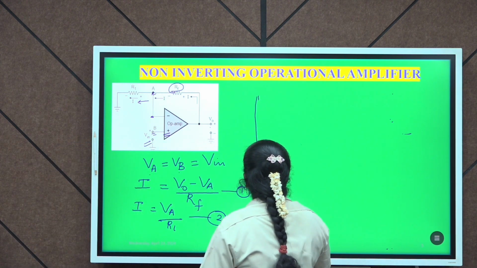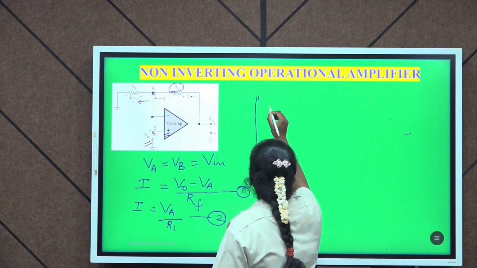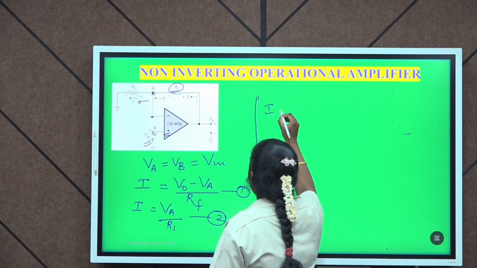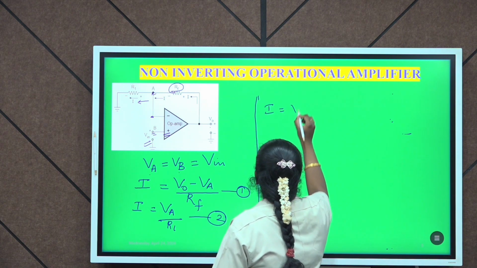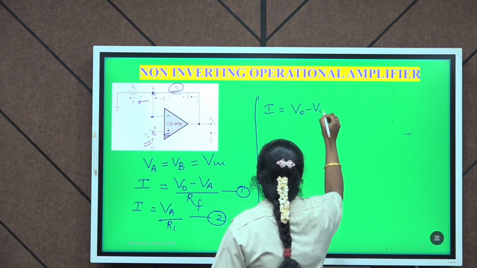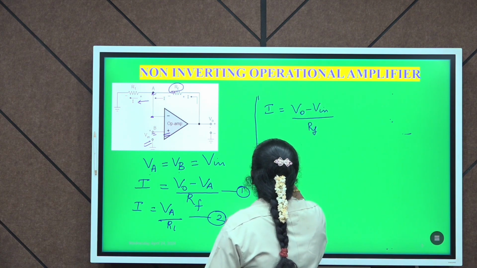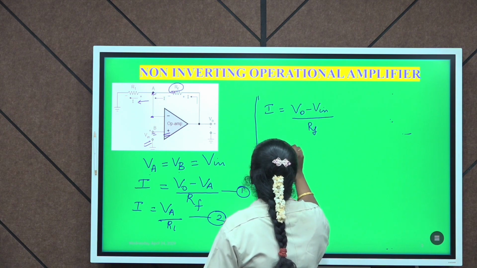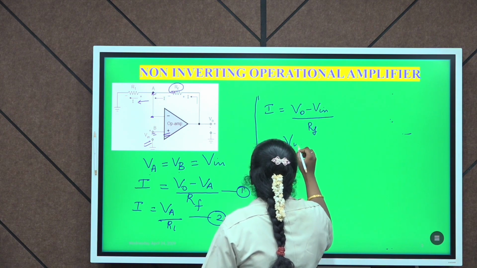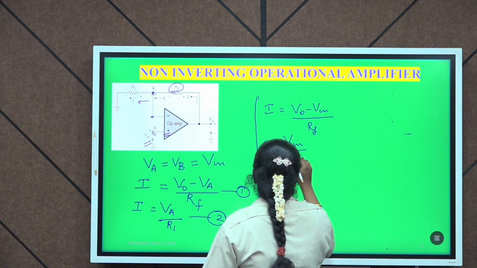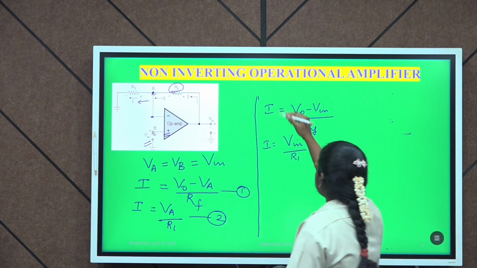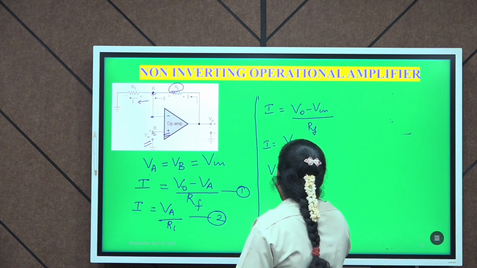According to the virtual ground concept, we can rewrite the first equation: I is equal to V naught minus V in divided by RF. Second equation, I is equal to V in divided by R1. Since their left hand sides are the same, right hand sides can be equated.